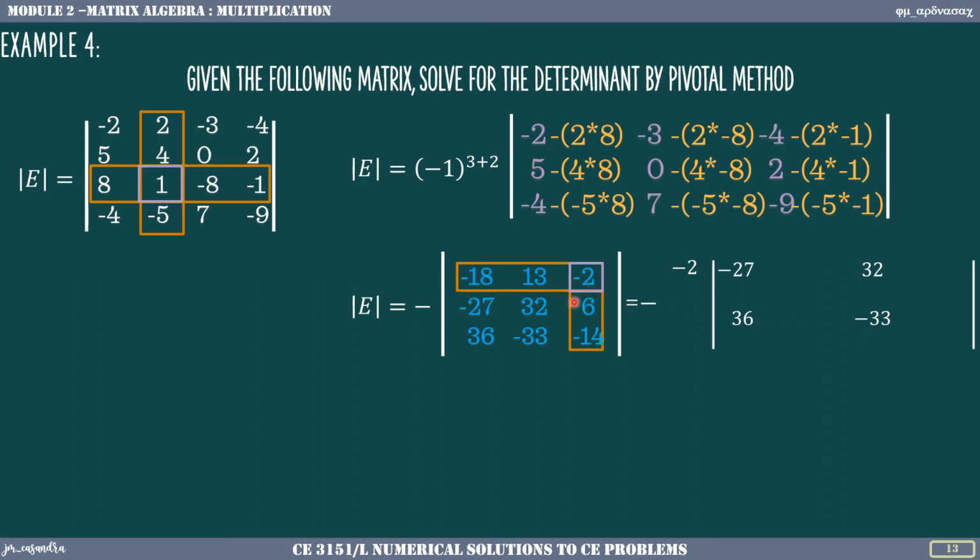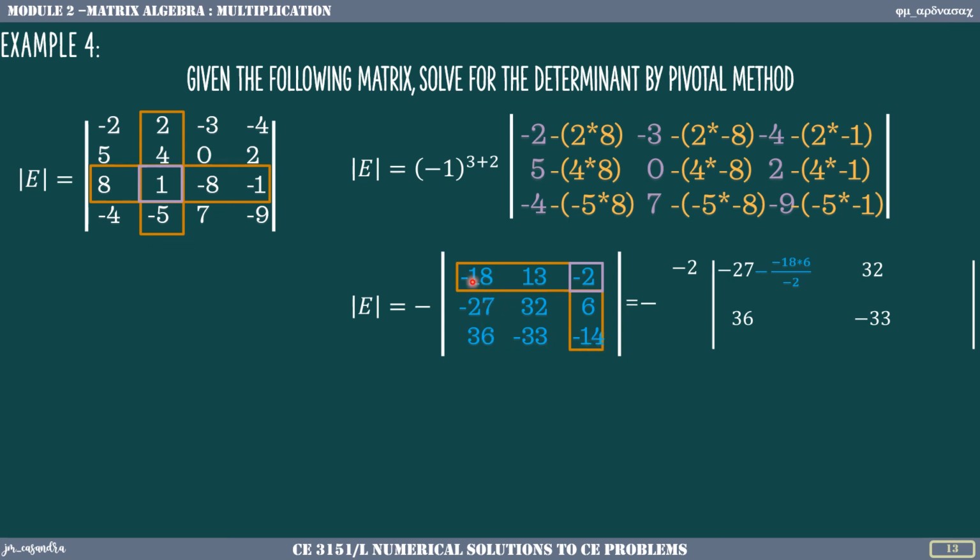So same process for negative 27. We subtract the product of negative 18 and 6. But take note, we have to reduce this row by negative 2. So that will become now negative 18 times 6 divided by negative 2. So next, for this element, it will now be negative 18 and negative 14.